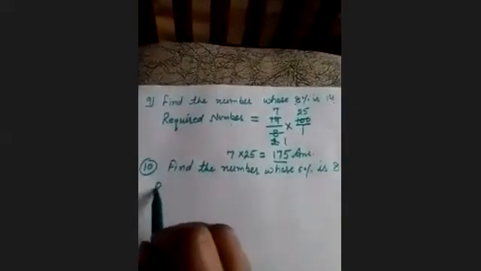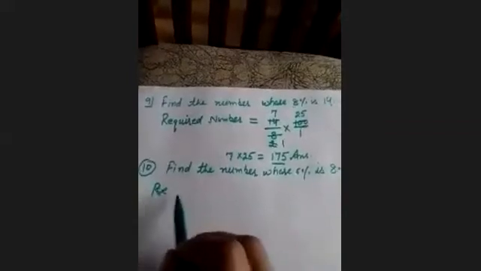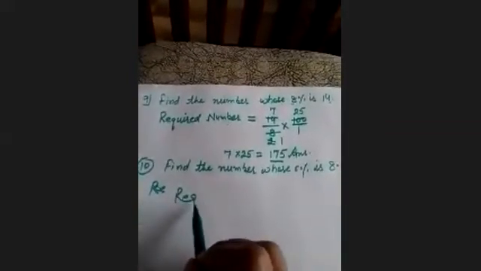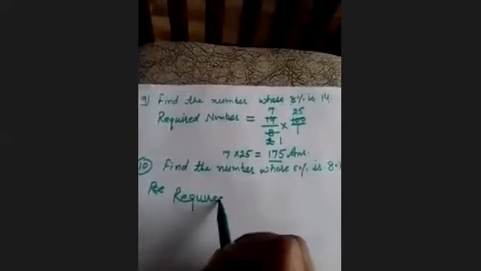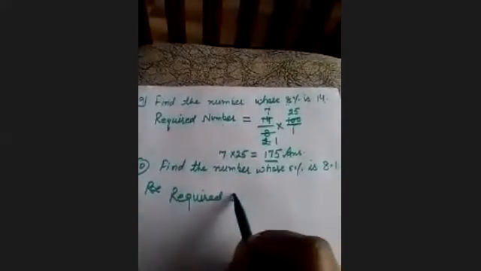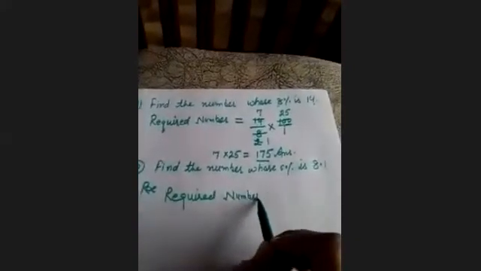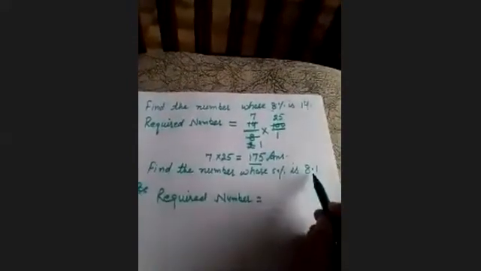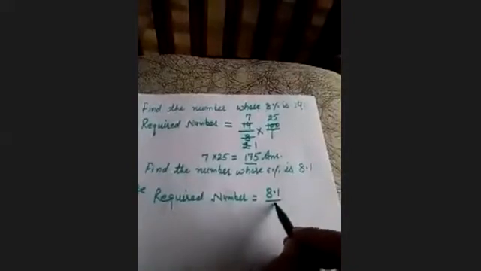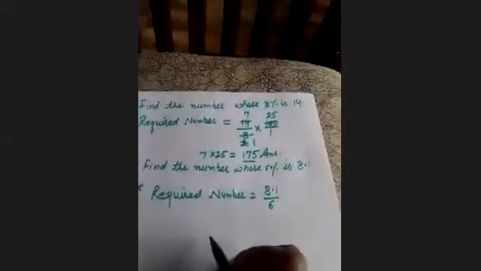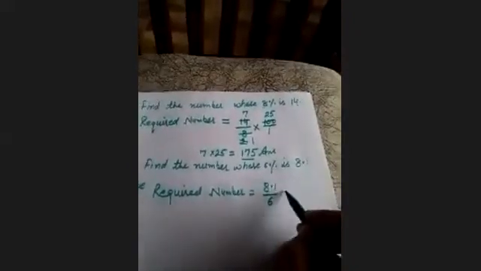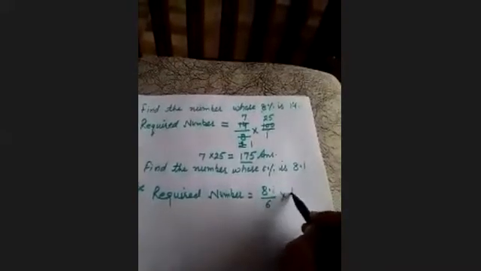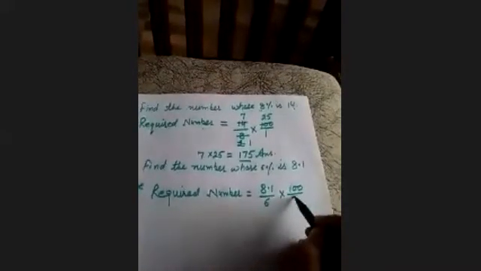So students, required number is 8.1 upon 6 multiply 100 upon 1.